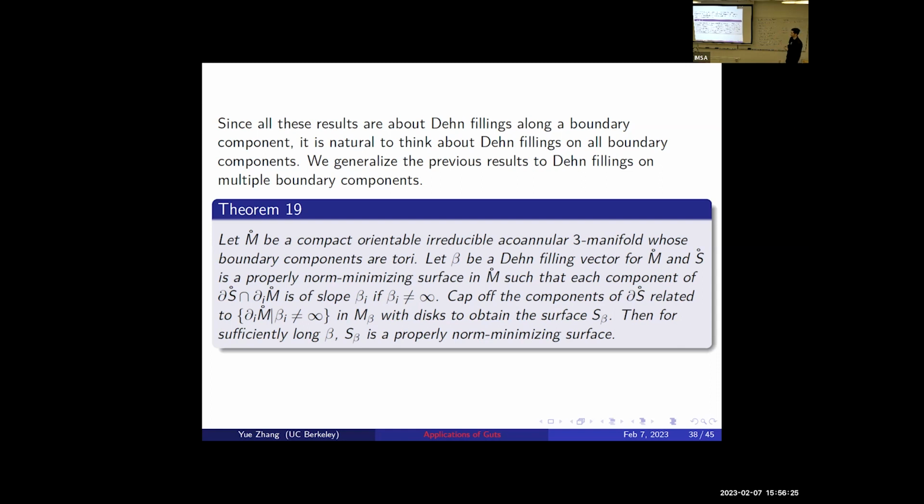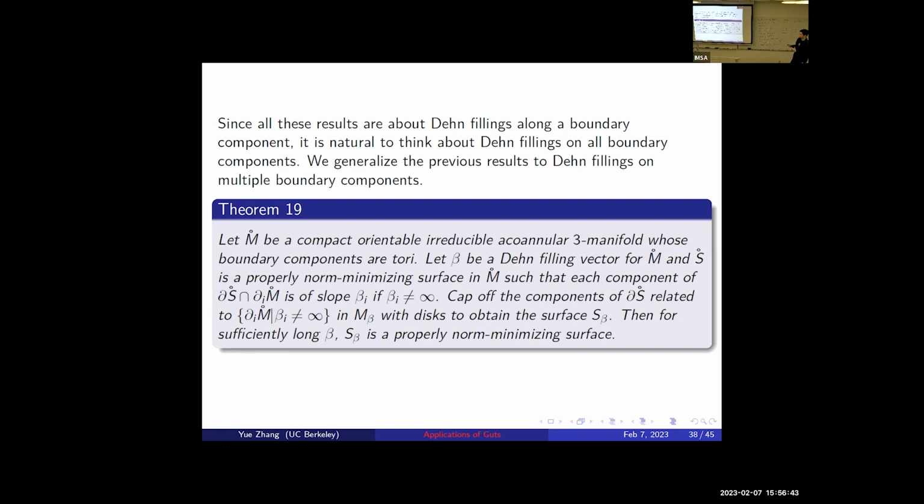Then you cap off the components of the boundary of S circle related to the filling with disks, so you have a new surface S beta. Then for sufficiently long beta, S beta is a properly non-minimizing surface.